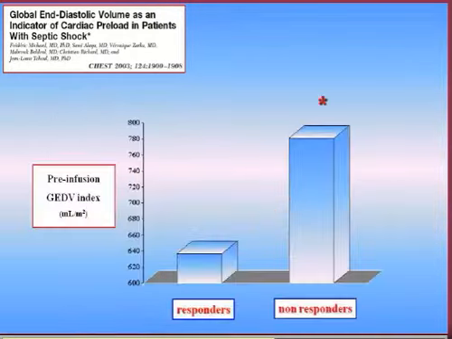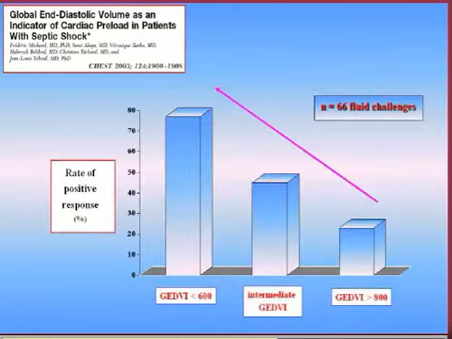And interestingly, responders to fluid had a lower baseline global end-diastolic volume index than non-responders. And when we look at the rate of positive response to fluid, we observe that the rate of positive response to fluid increased when the global end-diastolic volume decreased. So this parameter behaves well as a marker of preload.